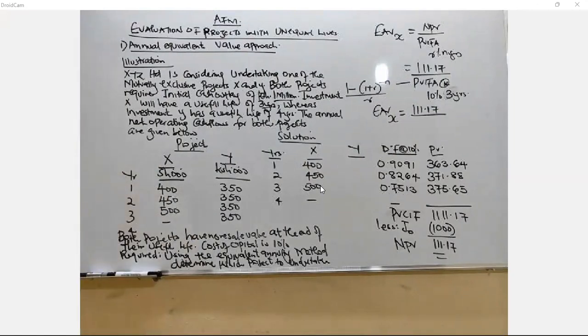Rosalind, how much is the present value interest factor annuity? How much is it? 2.4869.